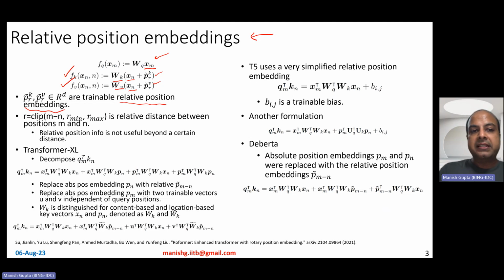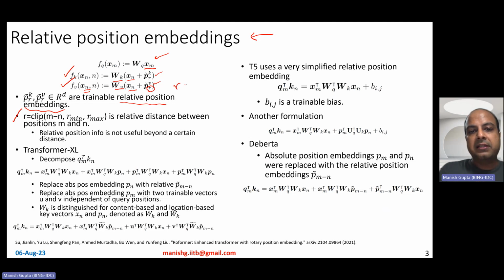So as you notice, they are trainable, and they are relative. Now what does relative mean? Relative means that although you're computing this for the nth token, you're using something called r here, right? Now what is r? r is the relative thing. It's a relative distance, in fact, between m and n.